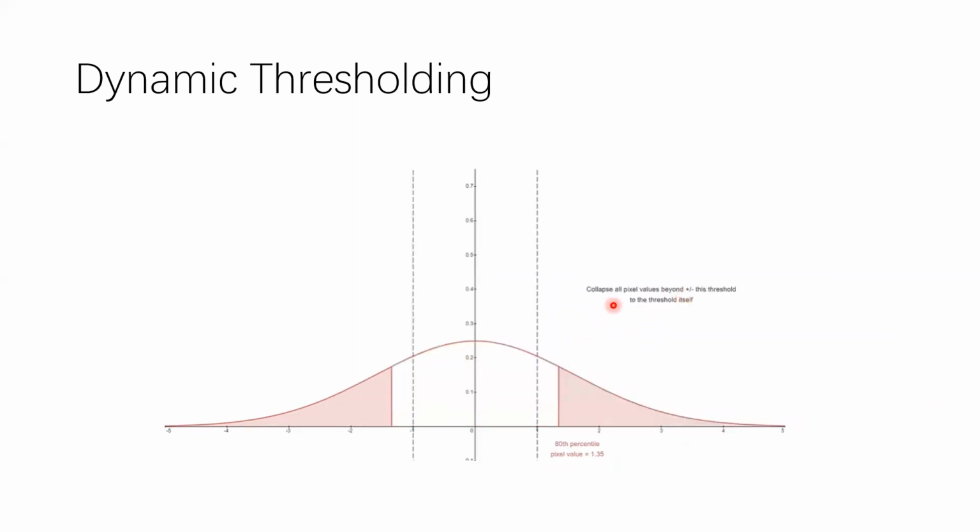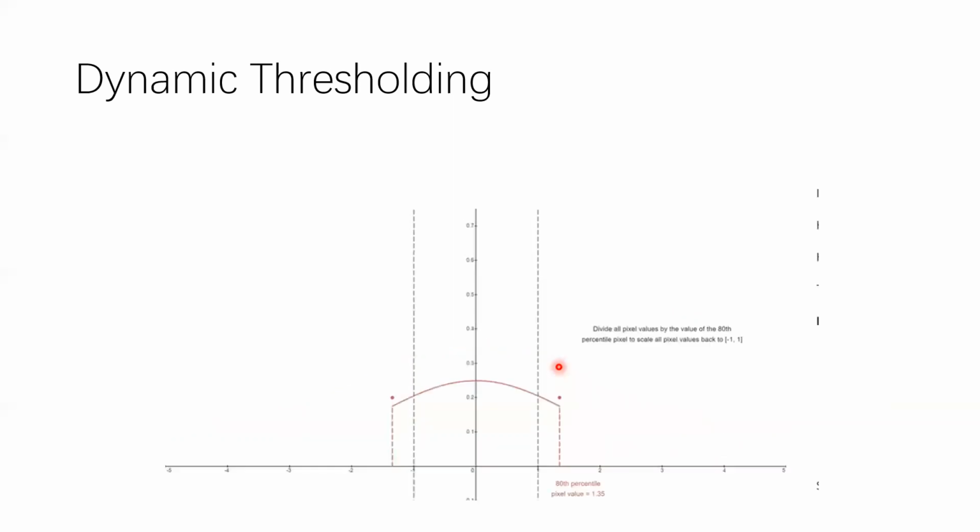So first, they collapse all pixel values beyond the negative or positive threshold to the threshold itself. In this case the threshold is 1.35, so all the pixels whose absolute value is larger than 1.35 are just thresholded to 1.35. So it will become like this.